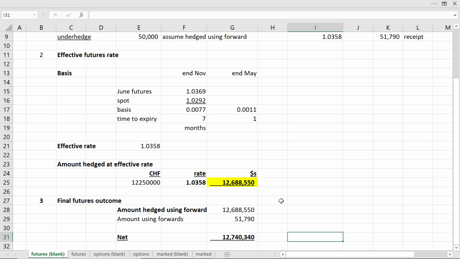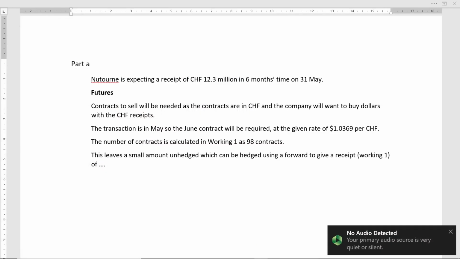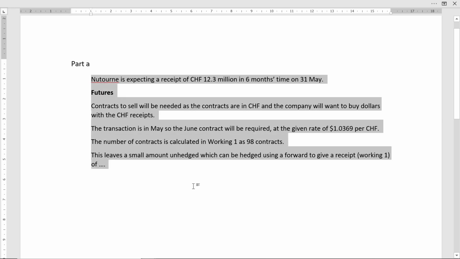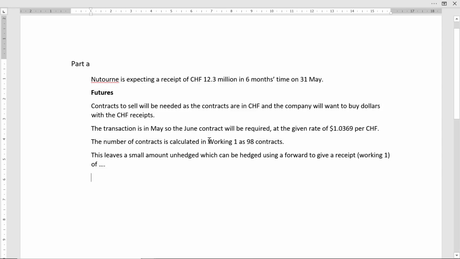So those are my calculations, but going back to what I said at the beginning, it's really important to put as much narrative as you can into your Word document. So for example, if I was writing out my answer, this is what it would look like. Into the word processing document, I'd be putting my narrative. I'd be saying how I've set up the future. I'd be referencing in to my workings as and when necessary.